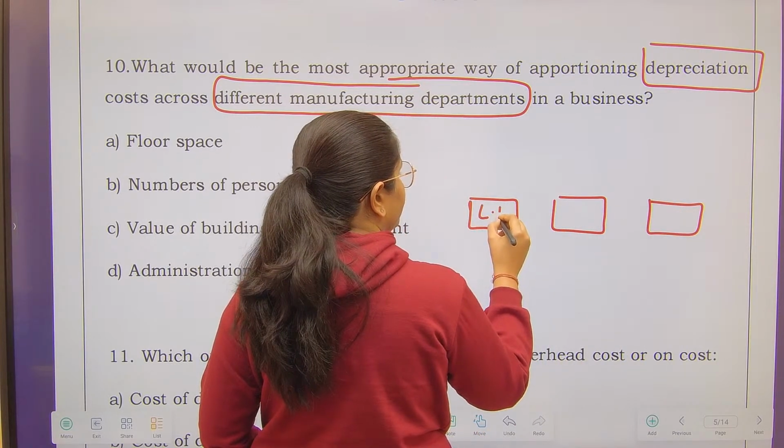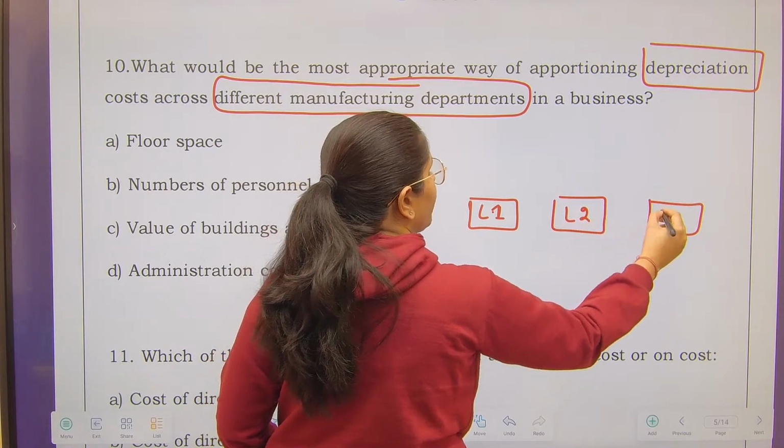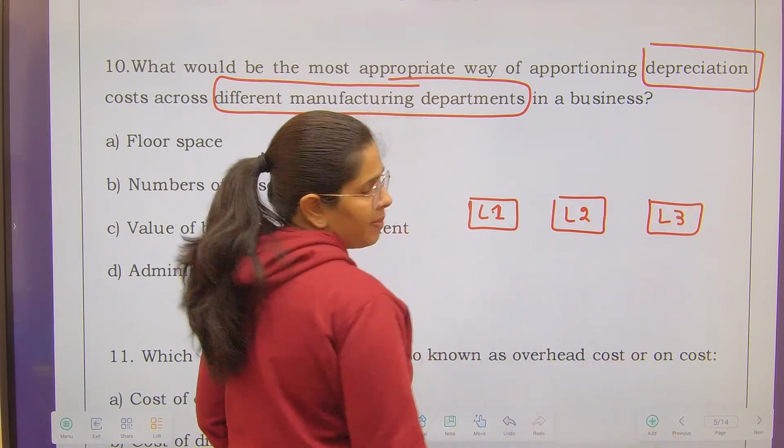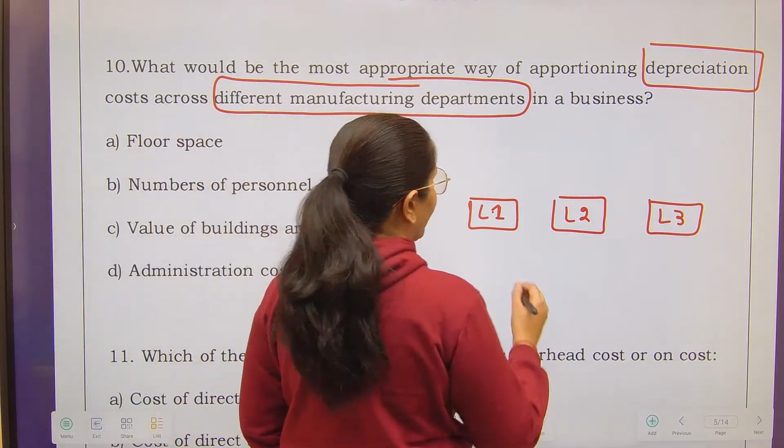Line 1, where you are producing one kind of product, line 2 and line 3. So three manufacturing facilities are there in your factory.